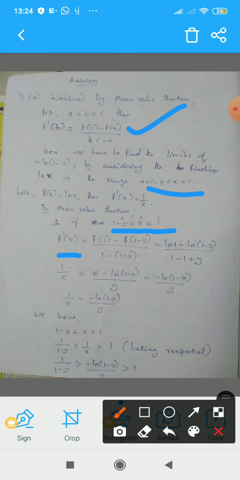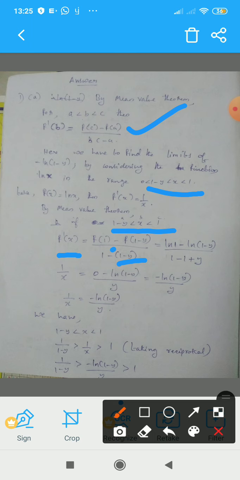f dash of b is equal to f of c minus f of a by c minus a. Here c is equal to 1 and a is equal to 1 minus y. So f dash of x is equal to f of 1 minus f of 1 minus y, by 1 minus (1 minus y). Here you have to put a bracket because this minus is common to both 1 and y.